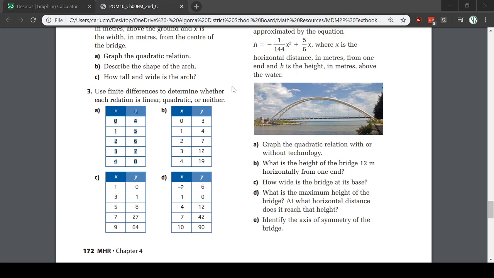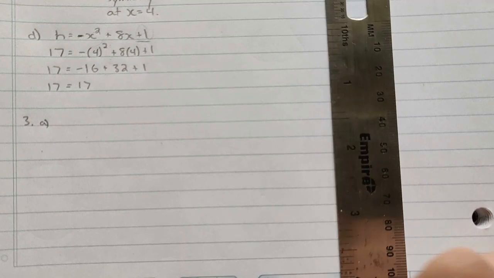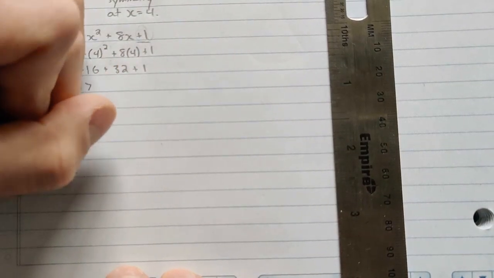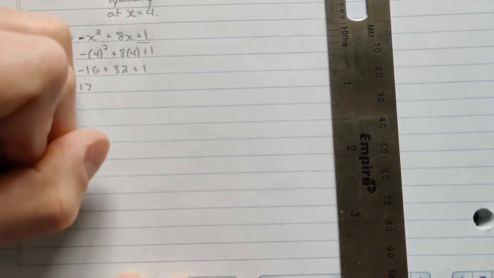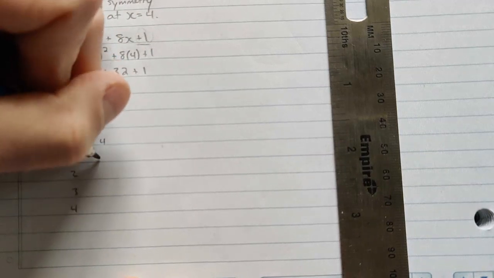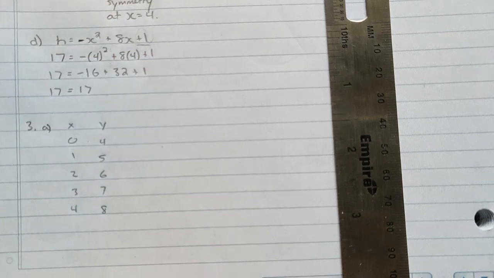And so I have x is 0, 1, 2, 3, and 4. Y, it was 4, 5, 6, 7, and 8.